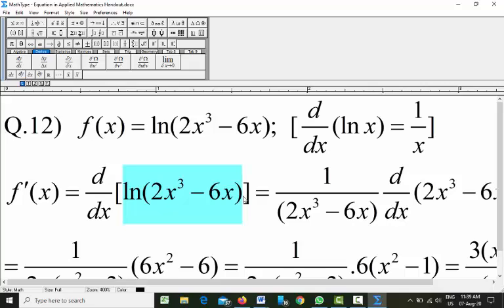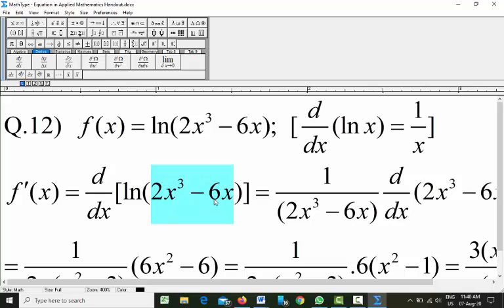As I said before, if you want to do differentiation of ln, whatever you have in front of ln should move to the denominator. So whatever you have in front of ln should go in the denominator, like this.